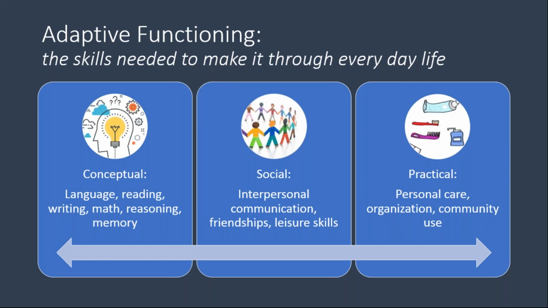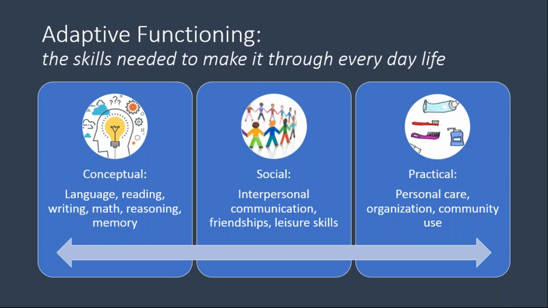Other practical skills might include out in the community. So an individual's ability to go to a store and make a purchase on their own. It could be somebody's ability to know safety out in the environment. So for example, does somebody know that they should look both ways before they cross the street? Do they understand stranger danger?